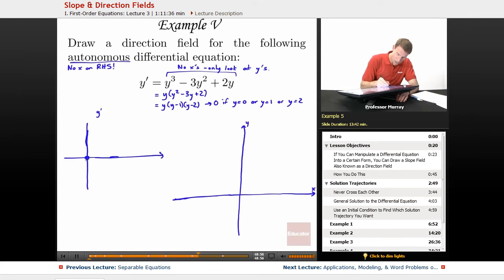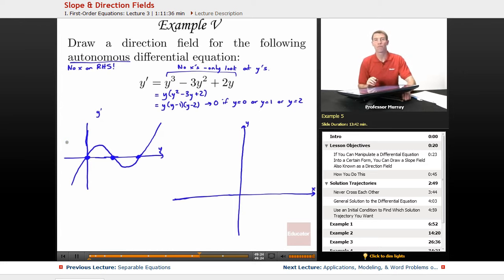And I know it's a positive cubic function. The generic shape for cubic functions is that it goes up and down and up again, so it's something like this. So what I just graphed there is y cubed minus 3y squared plus 2y. And I'm going to use that to inform my graph of y versus x.